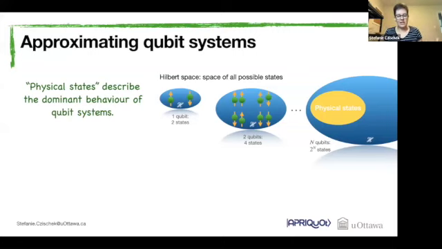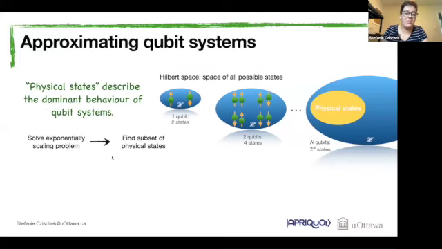Okay, so you can imagine that if we have a superposition of exponentially many states, then usually, and it is indeed the case, especially for the states that we are usually interested in, that only a small subset of all these exponentially many states really contributes significantly to describing a given ground state. And so what we can do is we focus on these physical states, we neglect everything else that only slightly contributes to the state that we want to model.